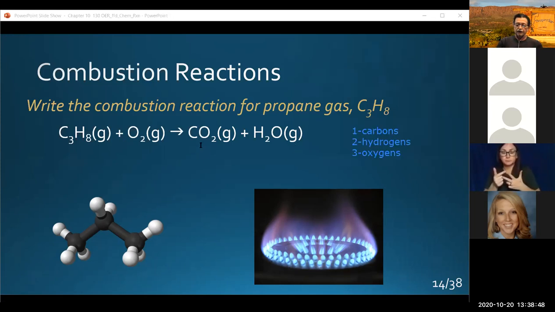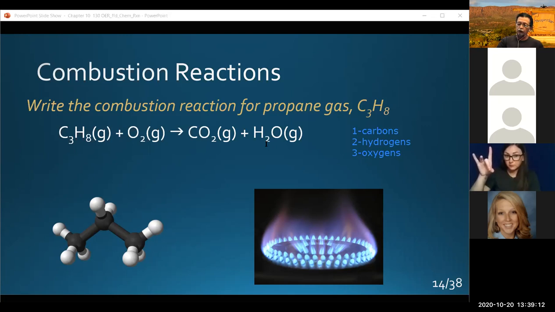So in this case, we have 3 carbons on the far left and only 1 carbon in the product. So if we put a 3 in front of carbon dioxide, that balances our carbons. Now, next thing, look at the hydrogens. We've got 8 hydrogens on the reactant side, but only 2 in the form of water.